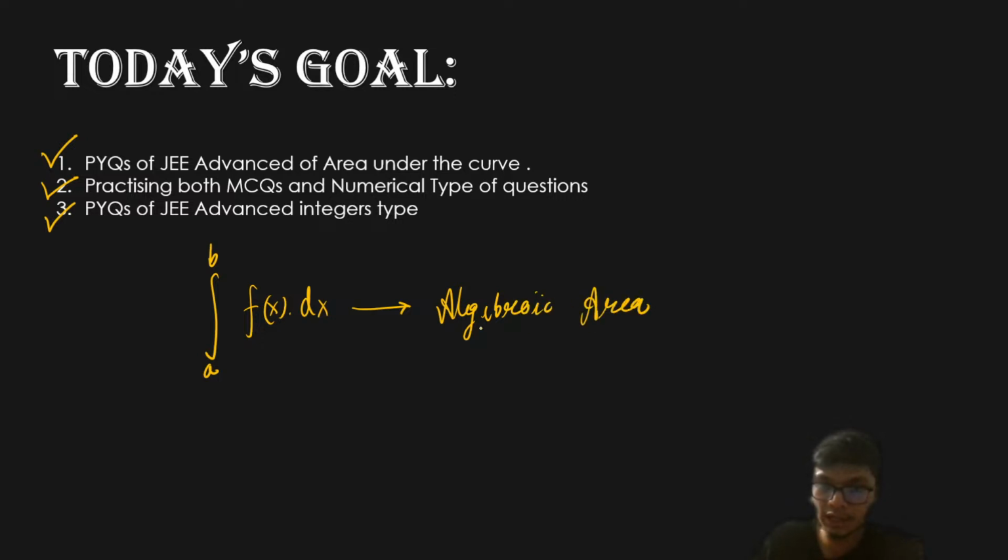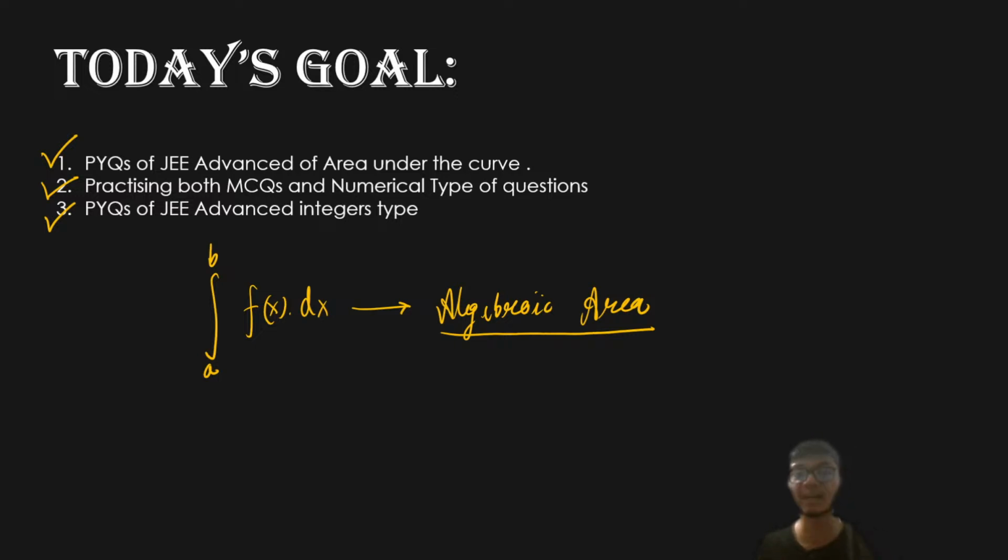So before you start the chapter of area under the curve, it is very important and crucial to understand that it is not the actual area, it is the algebraic area, or the area with a sign. Whenever we talk about the area under the curve, we basically mean the magnitude of the area, that is, the value of the area.